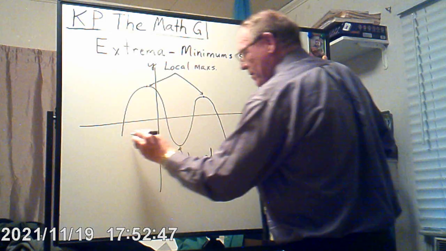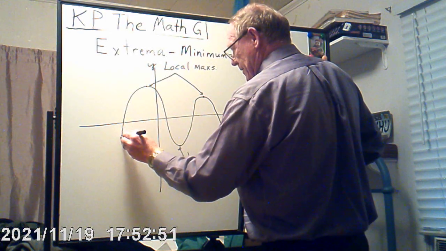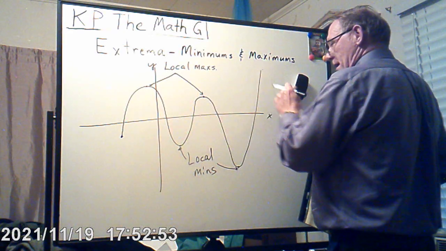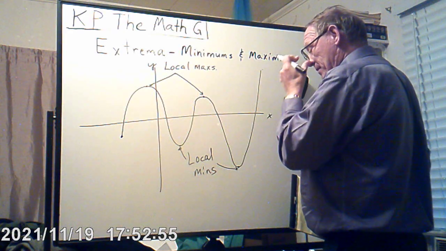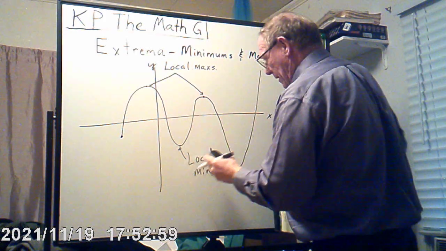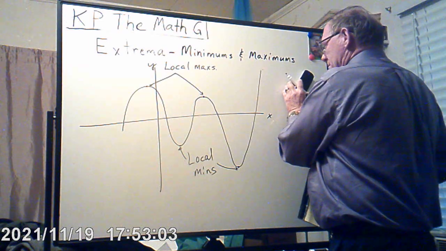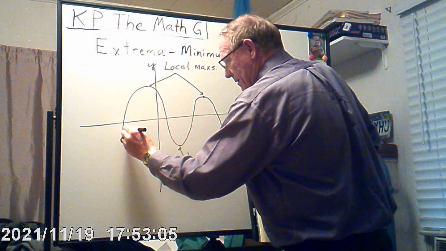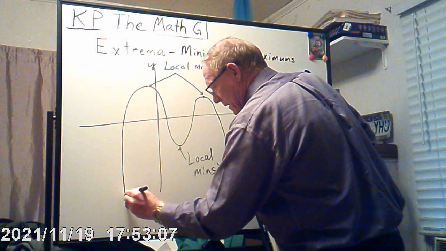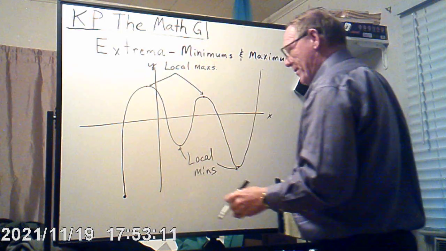I'm going to put an endpoint right here. I guess I should go ahead and draw it on down and put an endpoint on the end of this. Now, that's not going to negative infinity.